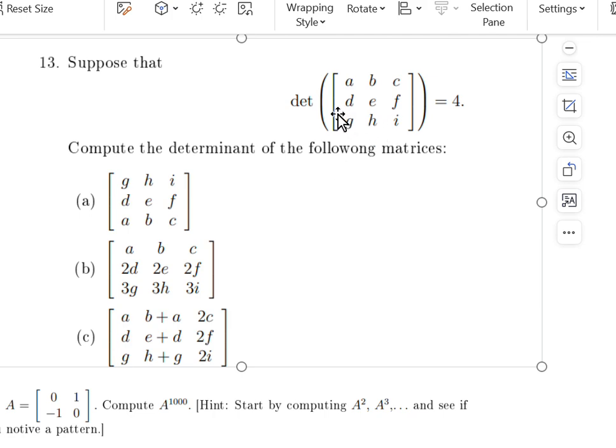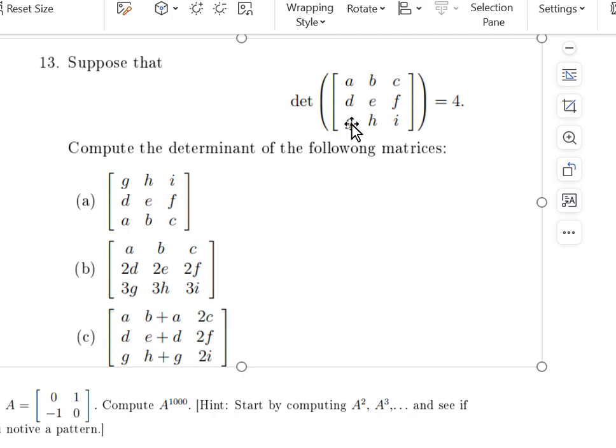Now the entries of the second row and the third row have been multiplied by a constant. The second row has been multiplied by 2, and the third row has been multiplied by 3. Hope that's clear. Now, again, by the laws of determinants, whenever you multiply a column or a row, please take note.